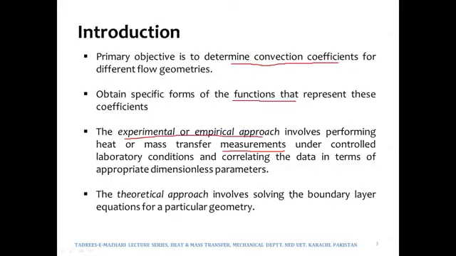The theoretical approach involves solving the boundary layer equations for a particular geometry. So there is another approach which is the theoretical approach, and it involves solving the boundary layer equations to get the expression of Nusselt number for a specific set of conditions.